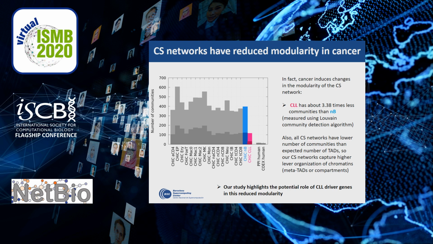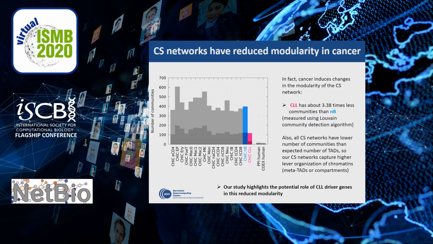To quantify this phenomenon, we use the Louvain community detection algorithm to measure the number of communities in the different networks. As you can see on the plot, for all the LC blood cell types, we have a very similar number of communities. However, when we look at the chromatin structure network of leukemia cells, we can see that it has about 3 times fewer communities than the LC naive B cells.